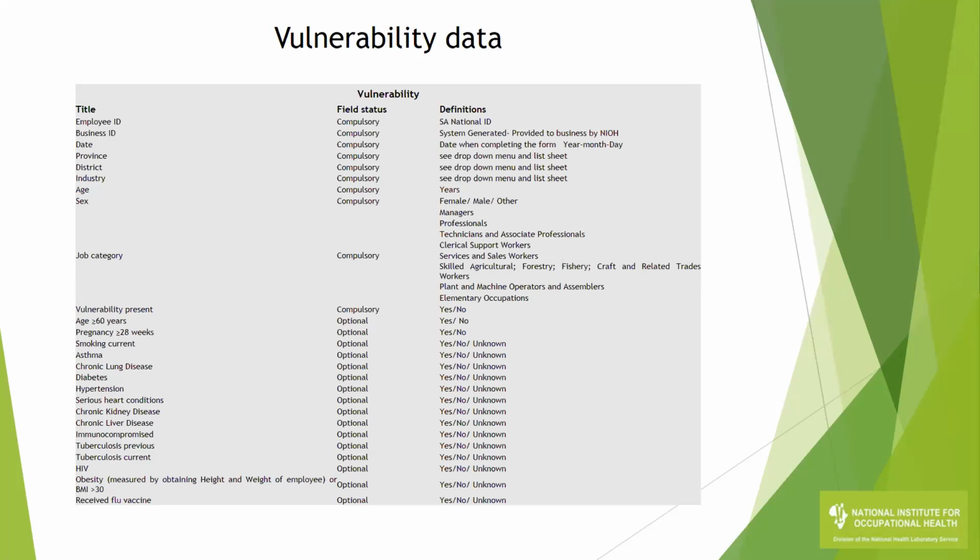So these are the type of people that are deemed as vulnerable to COVID-19. These are the type of employees that you get to report under the vulnerability template and report them to us. Then we also submit the data to the Department of Health.